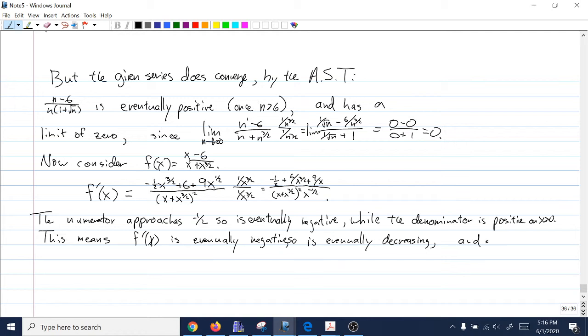And so the sequence (n minus 6) over (n plus n to the 3 halves) is eventually decreasing as well. I guess I should write this in a line. I get so bad at staying inside the lines. (n minus 6) over n times (1 plus root n) is eventually decreasing as well.